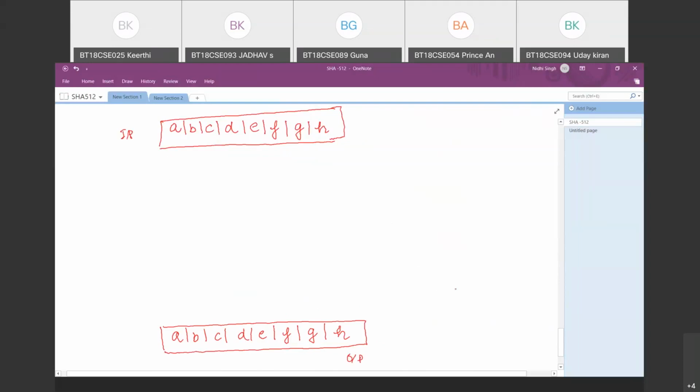So in the output, some simple things are: B will be equal to A. C will be equal to B, so B's data will come here.